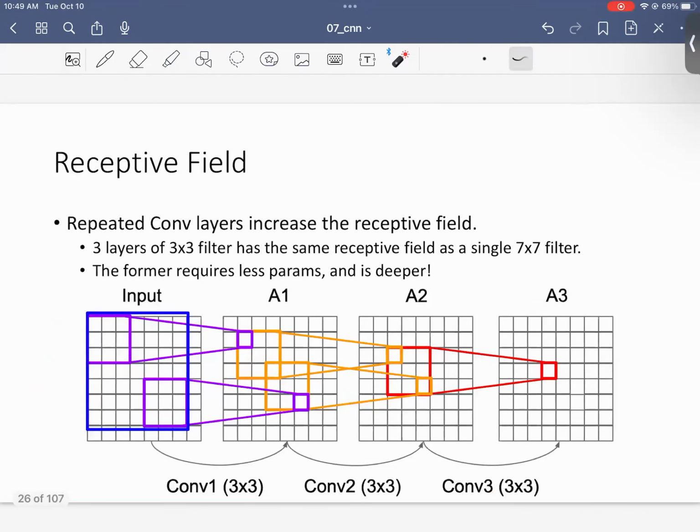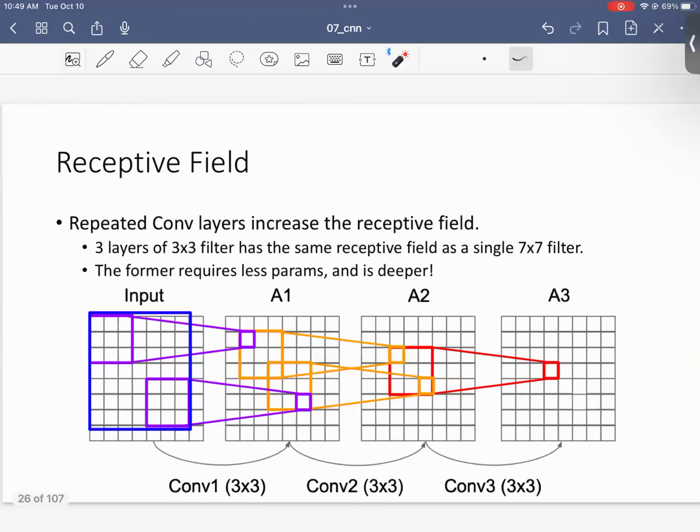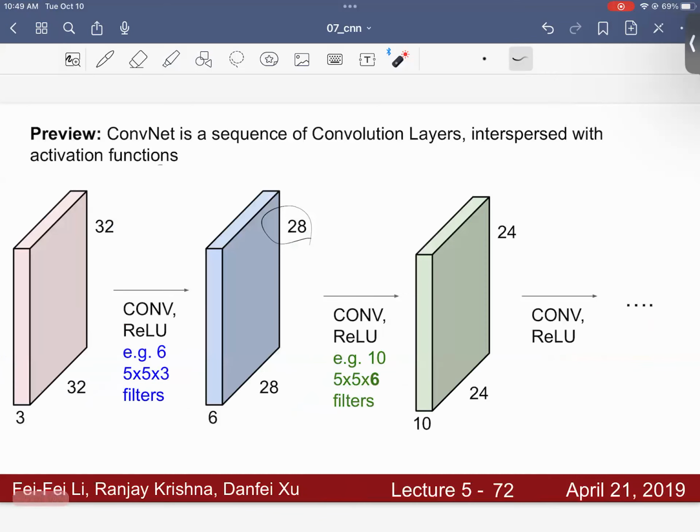So the receptive field, another question. I'm wondering the reason why many filters are used. Are you asking why we're using 5 by 5 by 6 instead of 5 by 5 by 3? I just told you that this number should match, like here and here.